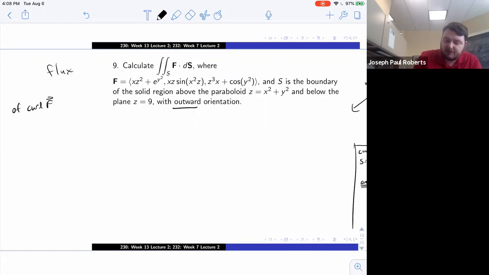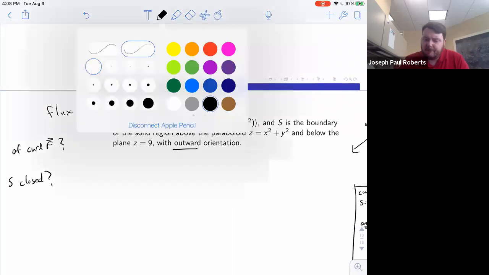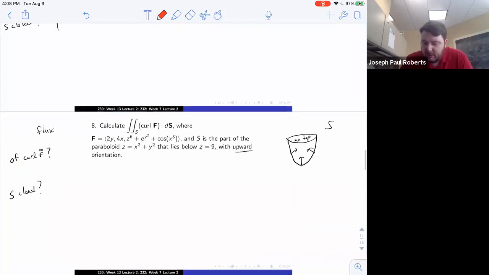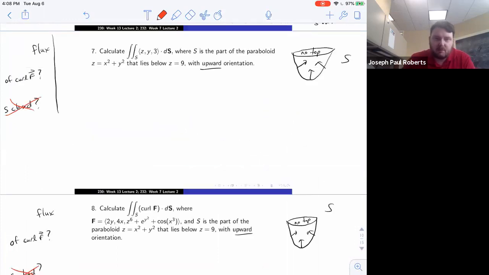Okay, and so we've thought through some of this when we carefully read about what S was. Number 9, it was, but number 8 and number 7, it was not.